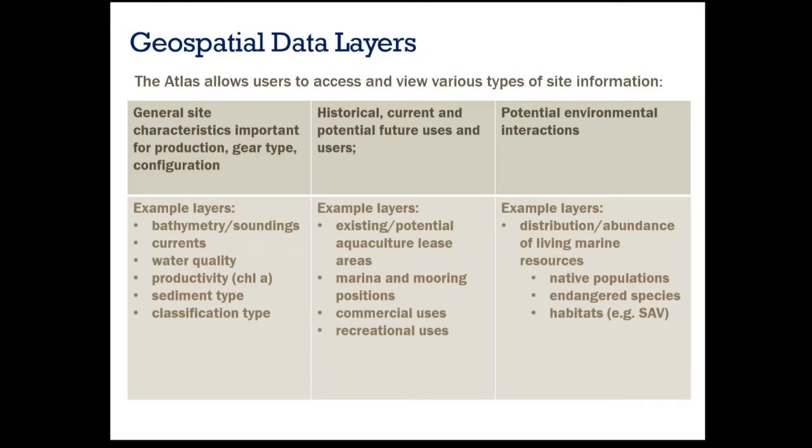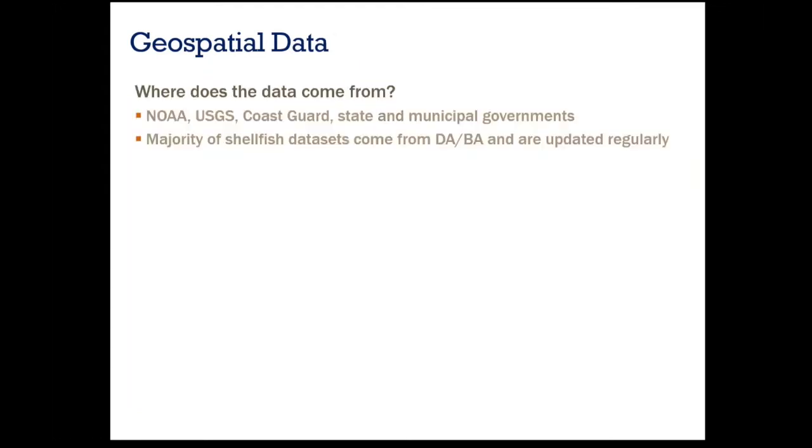There's also of course, aquaculture areas, including lease areas, data sets that might be important, like marinas and moorings, and commercial and recreational shellfish areas. There's also a lot of environmental data layers, including endangered species, habitat information, and also just other useful information like coastal access sites, marinas, and that sort of thing.